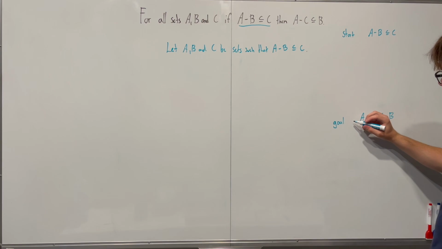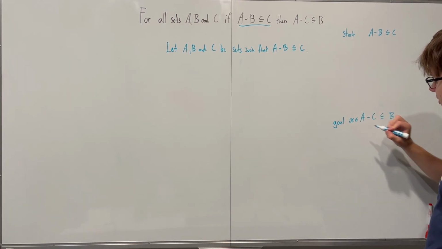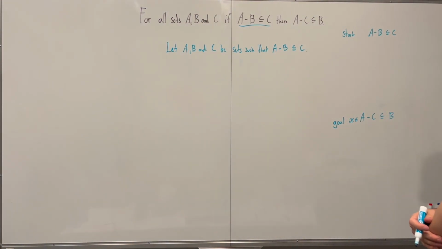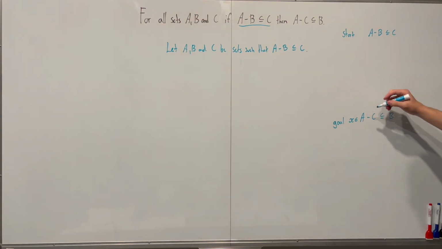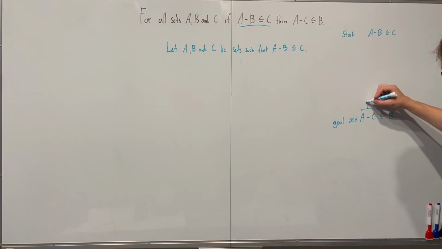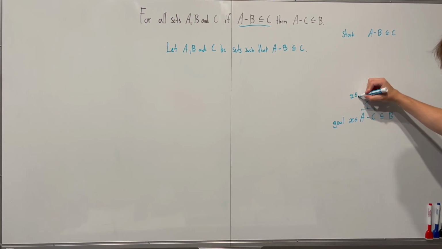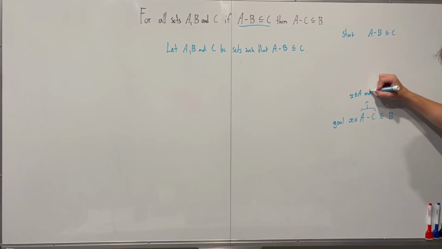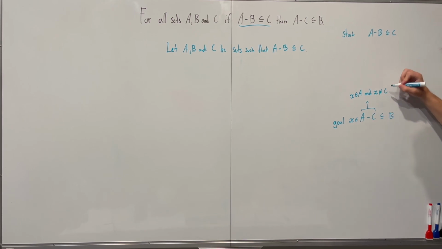Let's suppose that we have some element in the set A minus C. What does it mean for something to be an element of this set here? Well, this means that x must be an element of A and x cannot be an element of C.